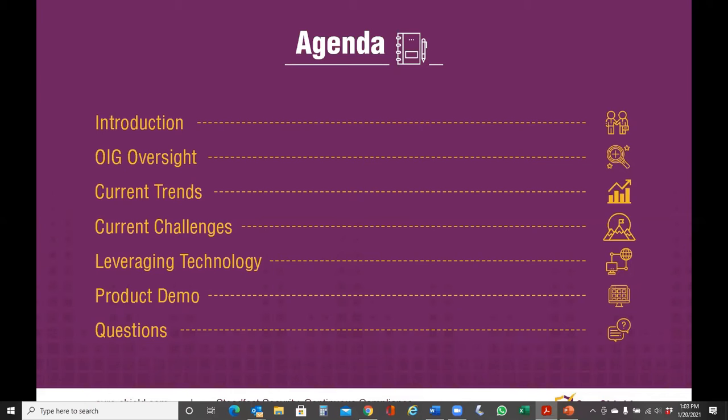So a little bit of the agenda for today. We've already conducted the introduction. As this session has been labeled, it's really on understanding a little bit of the sanctions and exclusions process and how tools and automation can help make this a much more manageable process.